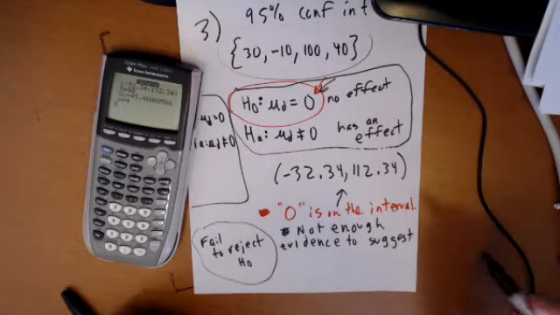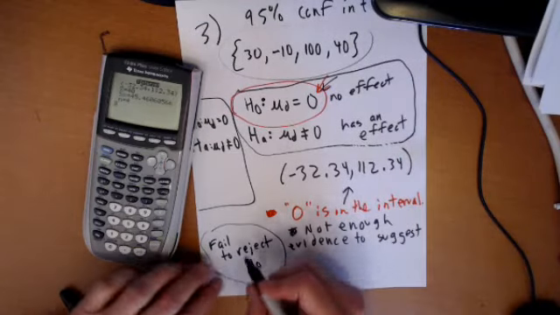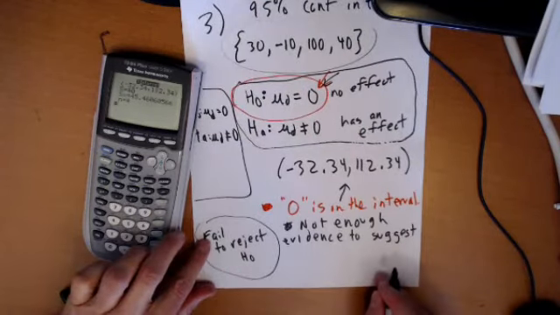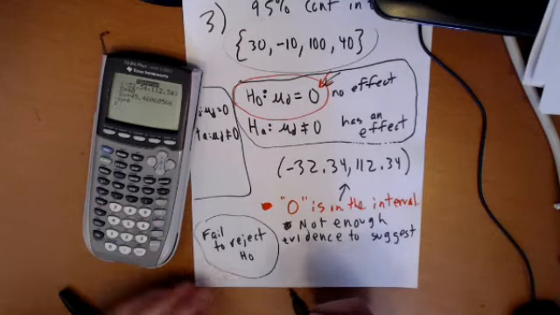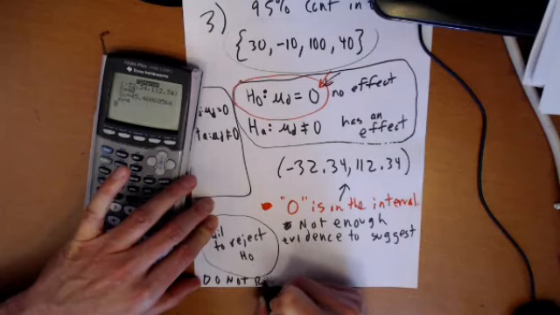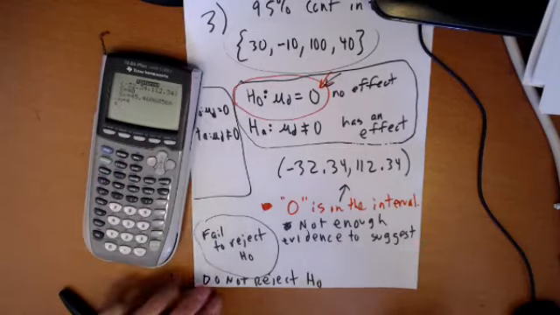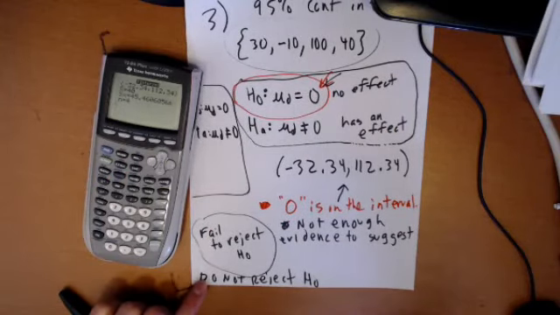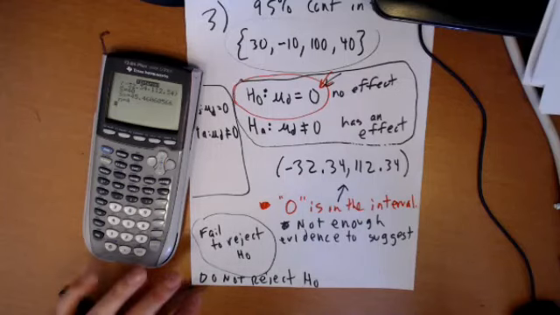So because I failed to reject H0, or our book says do not reject H0. Same thing, fail to reject H0, do not reject H0. Why does every book come up with a different way to say the same thing? Okay, fail to reject H0, do not reject H0, same thing.